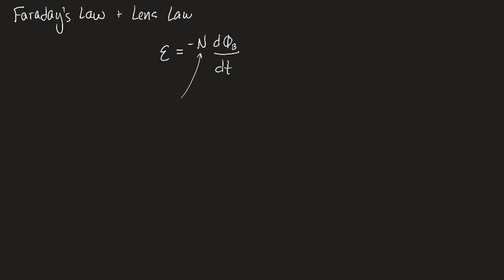I'm saying that because flux has to do with space, and it's going to have an integral in it. So we're taking the derivative of the result of an integral. You already know the definition of flux. This is magnetic flux, not electric flux, and the integral is just B dot dA. Notice no circle on the integral.